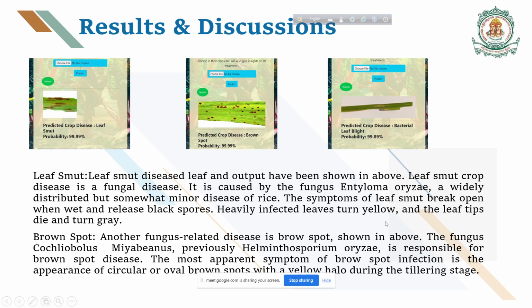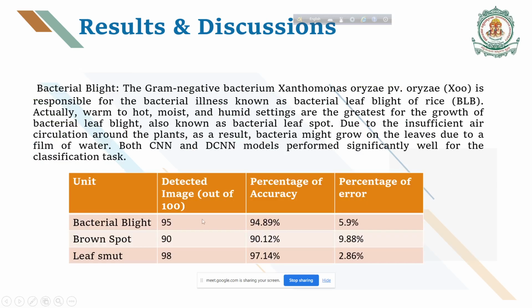That we have shown here. We have also worked on the result discussion, what kind of accuracy we have got. For each and every disease, we have worked on 100 images, and we can use more data, but initially we have used 100 images.